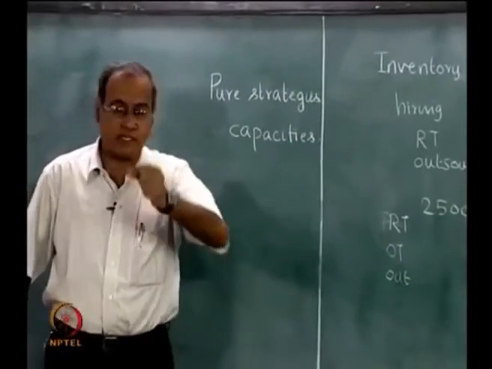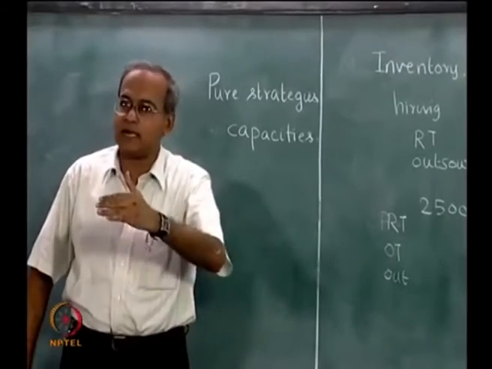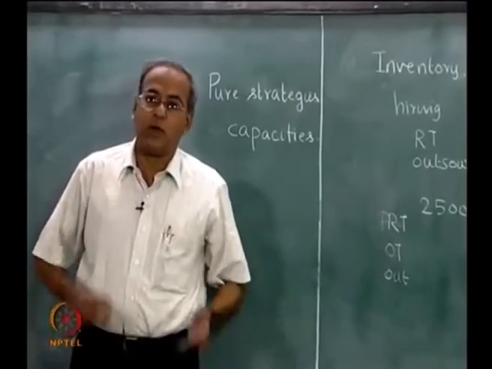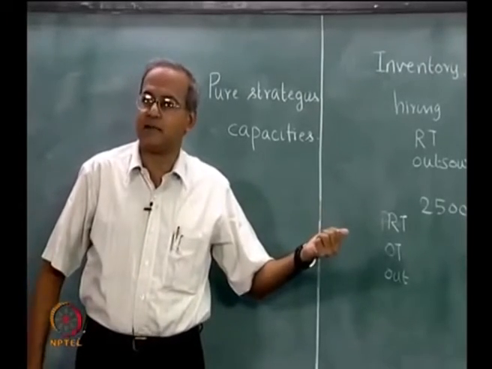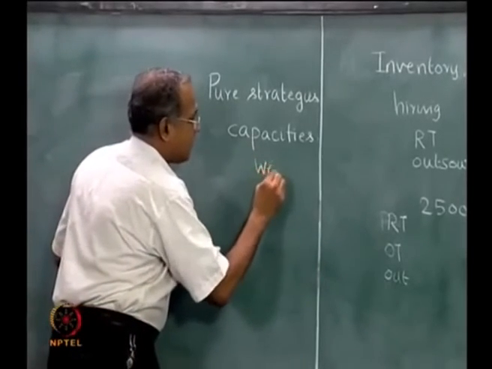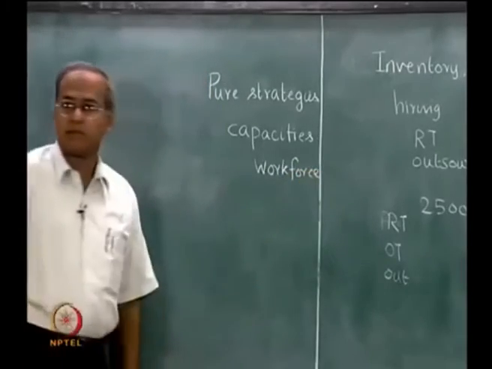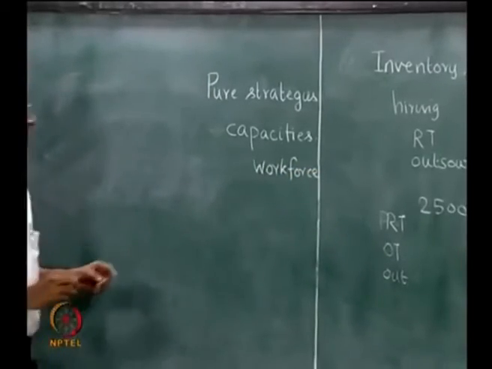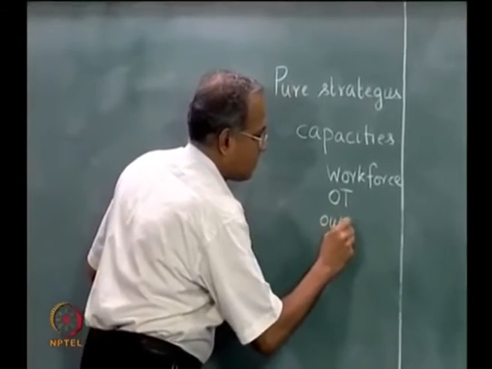But can we adjust this regular time capacity during peak periods by hiring additional workforce? One of the models that we saw in the tabular method did exactly that. So, one is to adjust the capacities by adjusting the workforce, and another is to adjust the capacities by overtime and outsourcing.